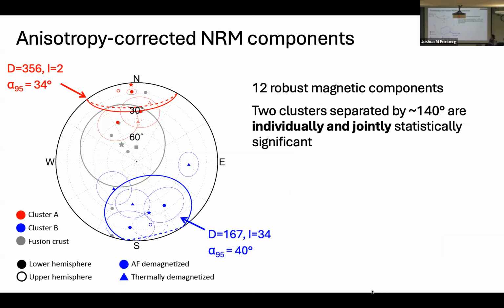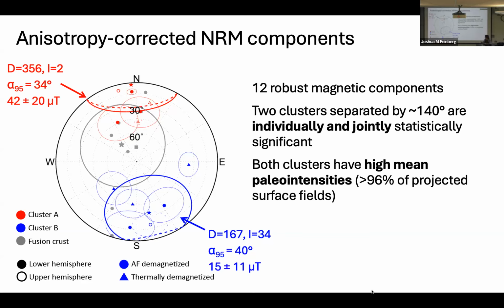what we ended up with were 12 robust magnetic components that fall into two distinct clusters, neither of which seems to overlap very much with the fusion crust cluster. Each of these clusters is individually and jointly statistically significant. They also have distinct but strong paleointensities, much stronger than what we would expect for modern crustal fields most places on Mars today.